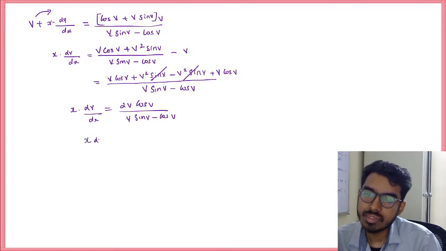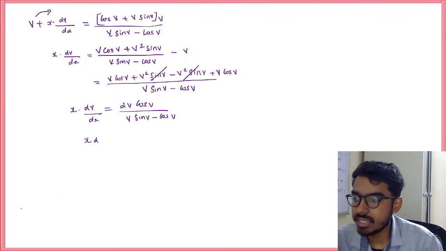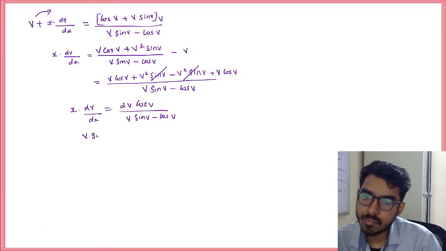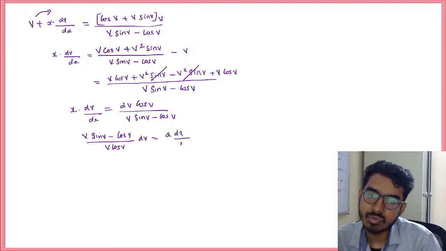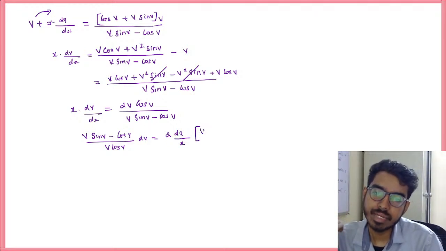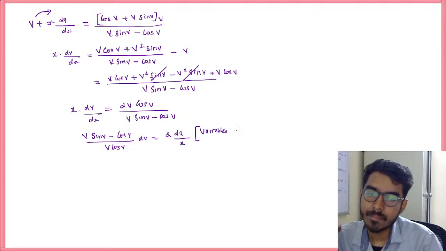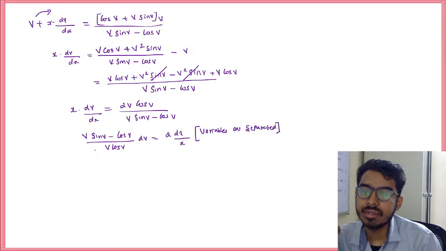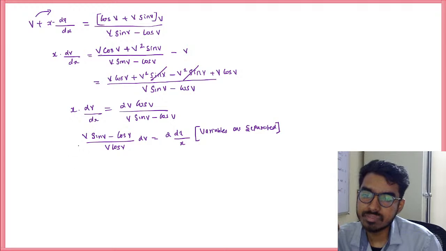We will have v sin v minus cos v divided by v cos v dv is equal to 2 dx by x, right? So 2 dx by x. So just variables are separated. Variables are separated. So integrate this.